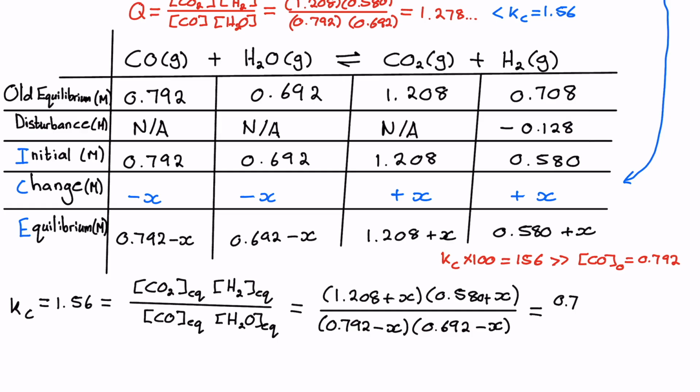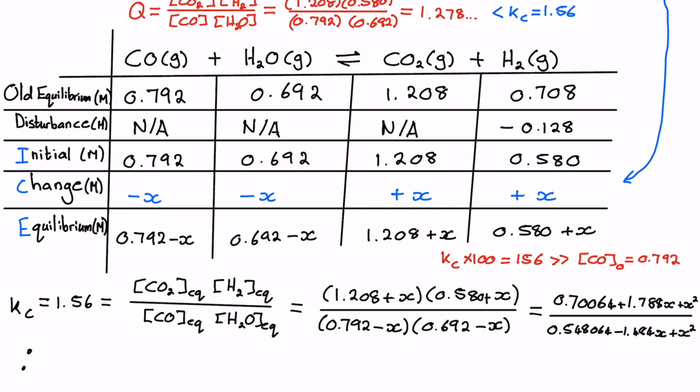So 0.70064 plus 1.788x plus x squared, divided by 0.548064 minus 1.484x plus x squared.